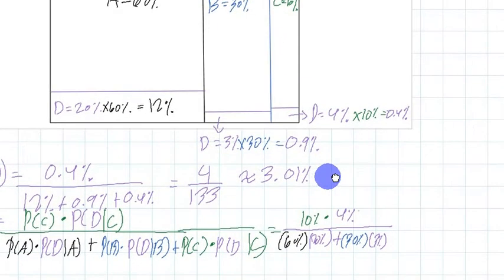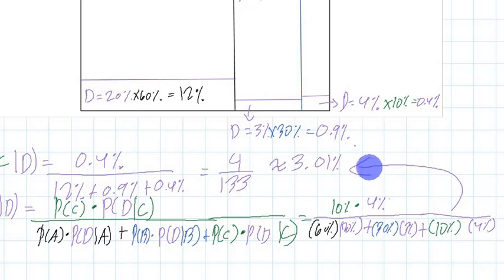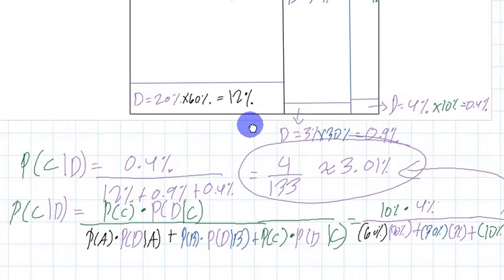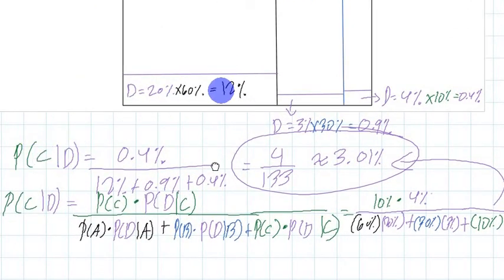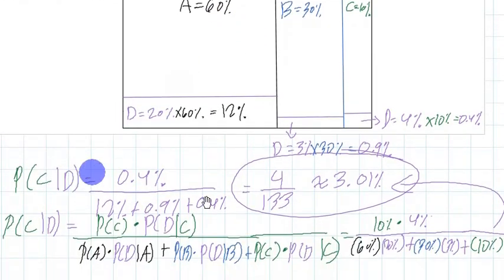Plus this one here, 10%, times 4%. And we are still going to get this value. So therefore, the probability that the item is from machine C given it's defective is 4 out of 133 chances, or 3.01%.